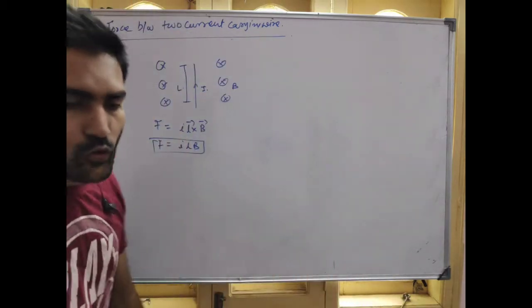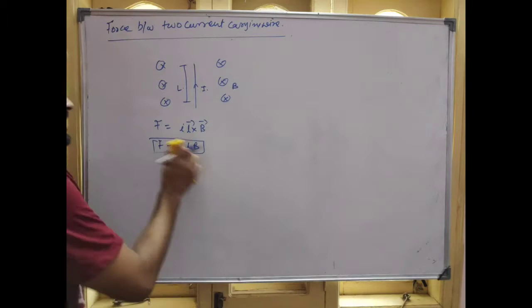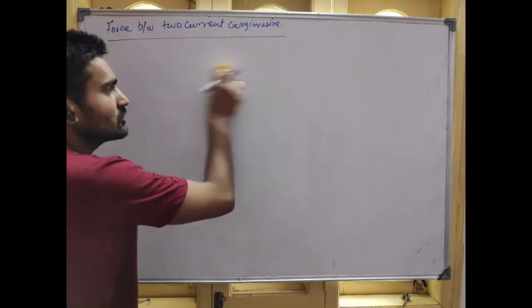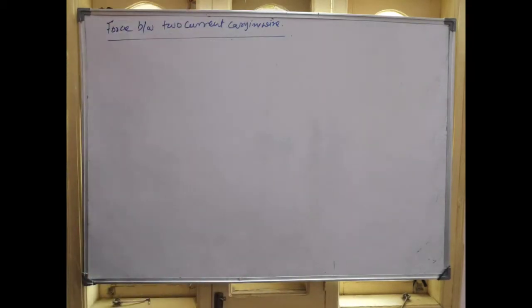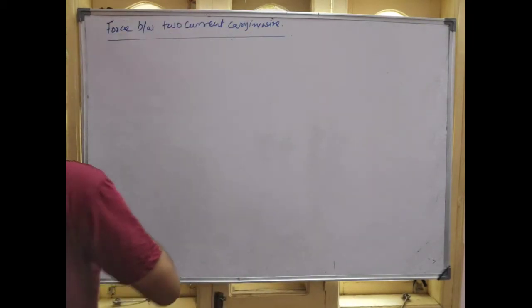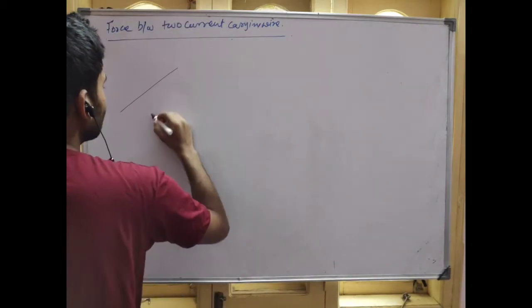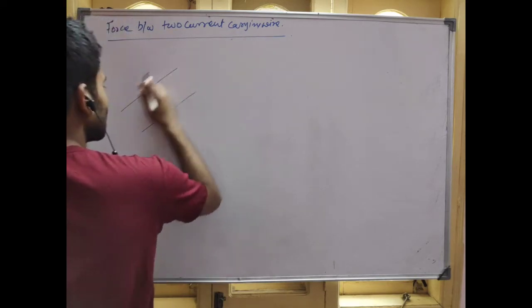So when two wires are kept parallel to each other, they will produce a magnetic field on each other. Let's say we have two wires of negligible cross section like this.